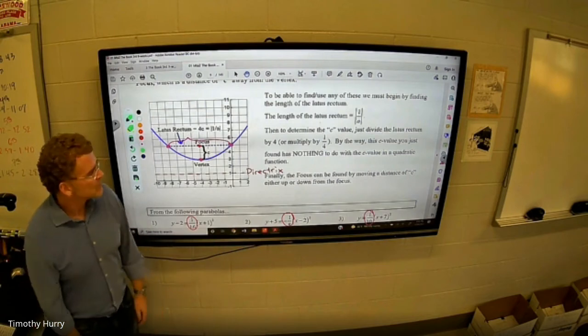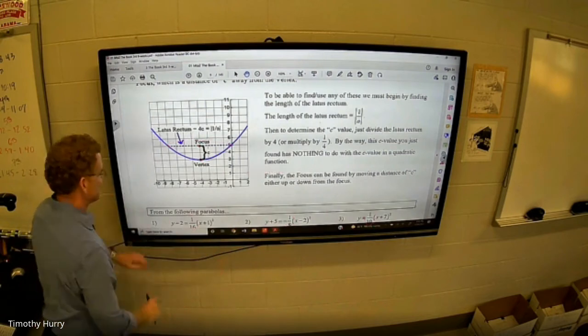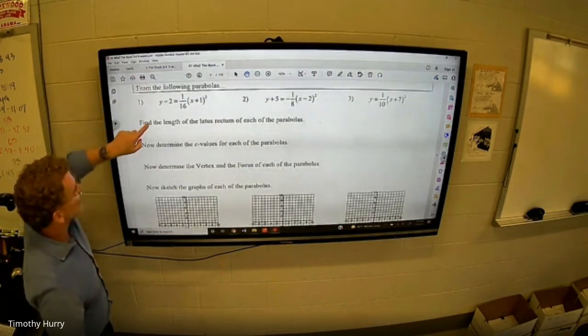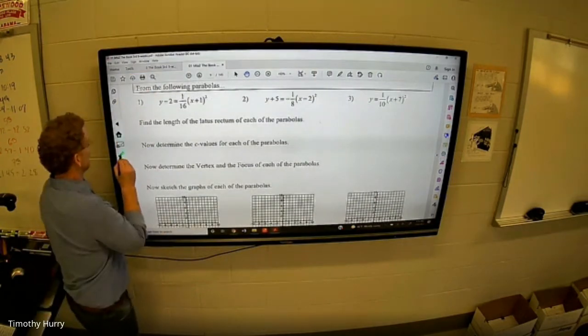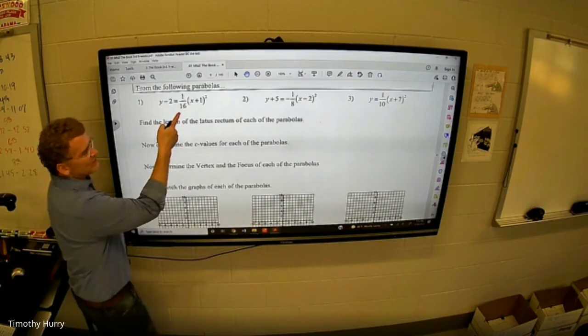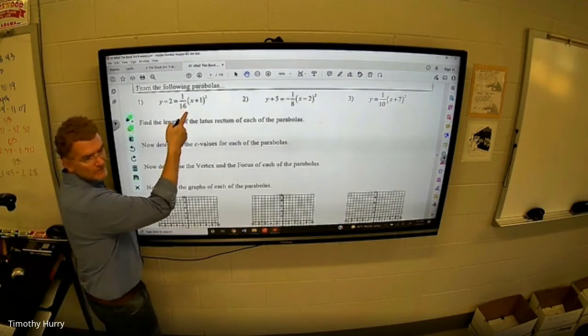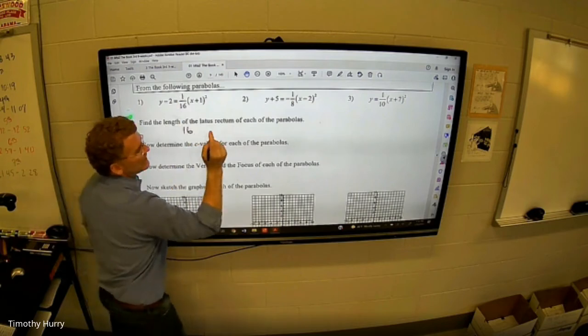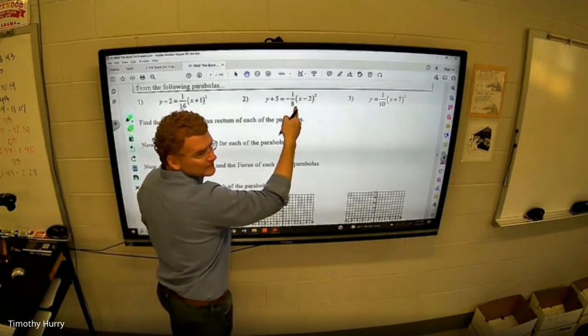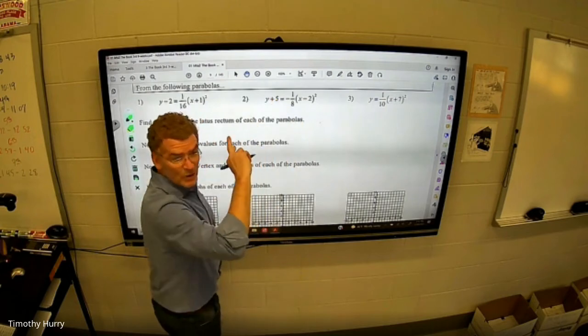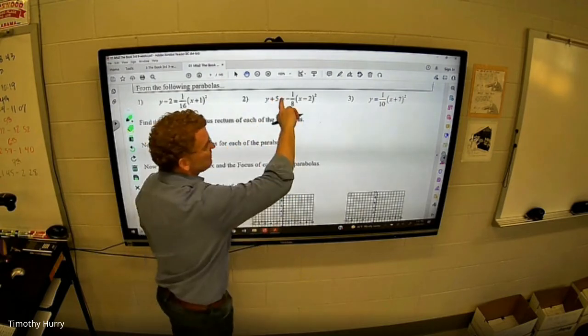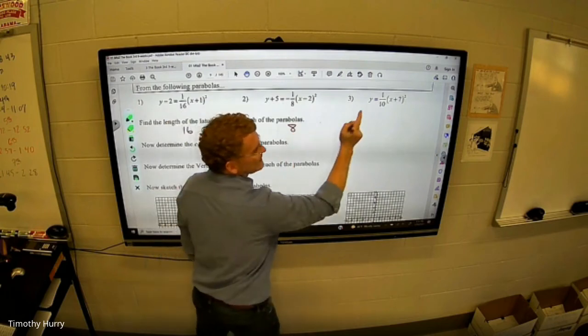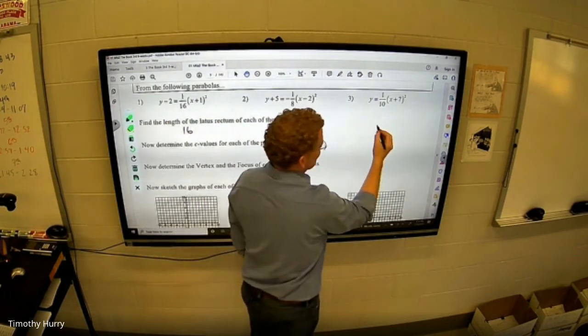So with that in mind, let's look at these right here, real quickly, just run through this. What is the length of the lattice rectum here? 16, because I flipped the A. What is the length of the lattice rectum there? 8. Remember, it's a length, so I always take the absolute value of it, make it positive. So positive 8. And what's the length of my lattice rectum here? 10.